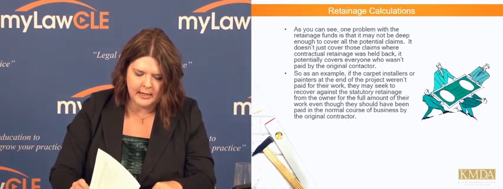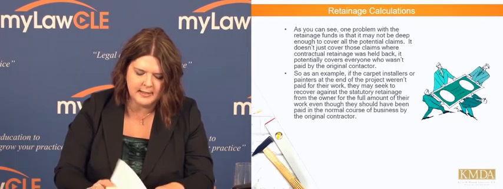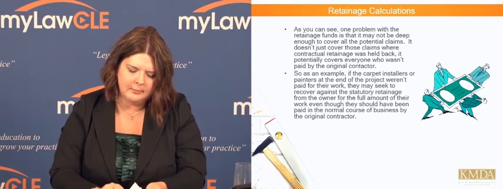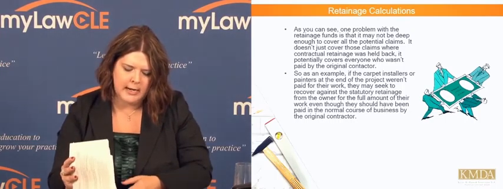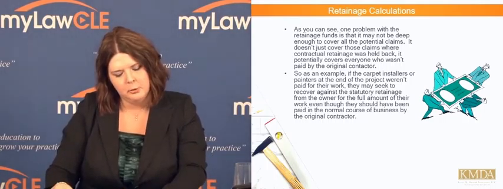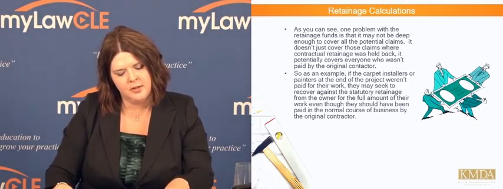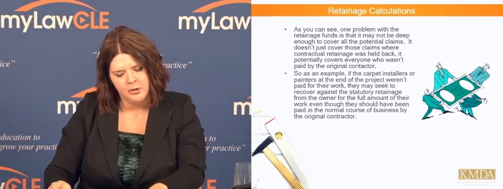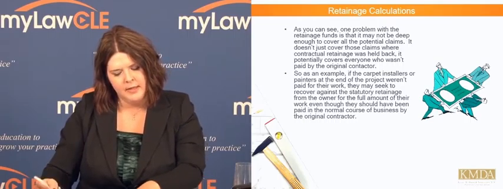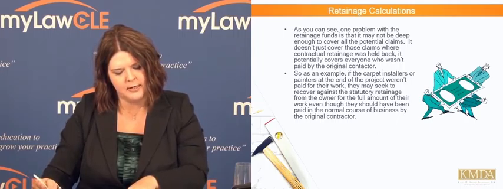I have another attachment, Attachment C, that we'll go through in just a few minutes. But Attachment C has a lot of the states on it. And what I did was I divided it by preliminary notice if you're the prime contractor, preliminary notice if you're the sub or the supplier, and then mechanics lien, prime contractor, mechanics lien, supplier.